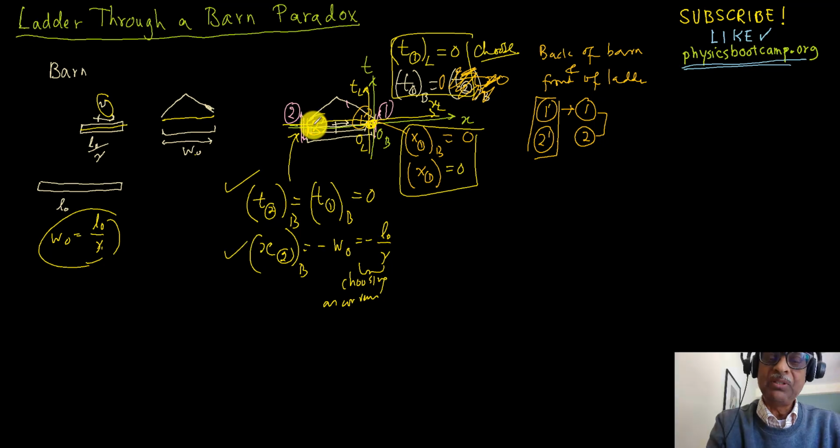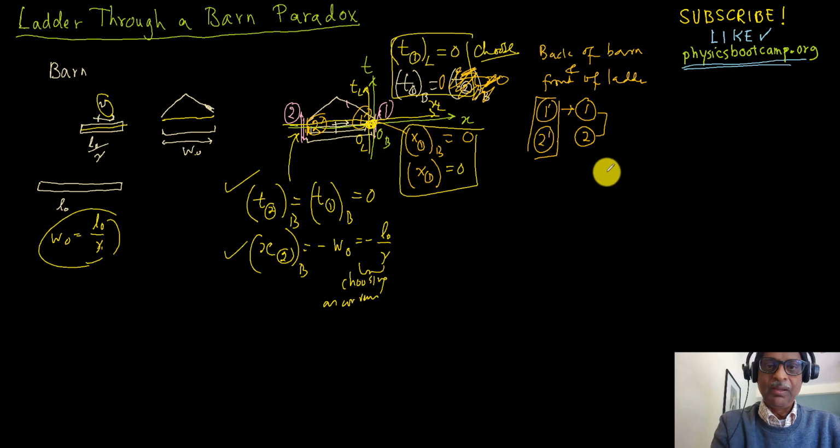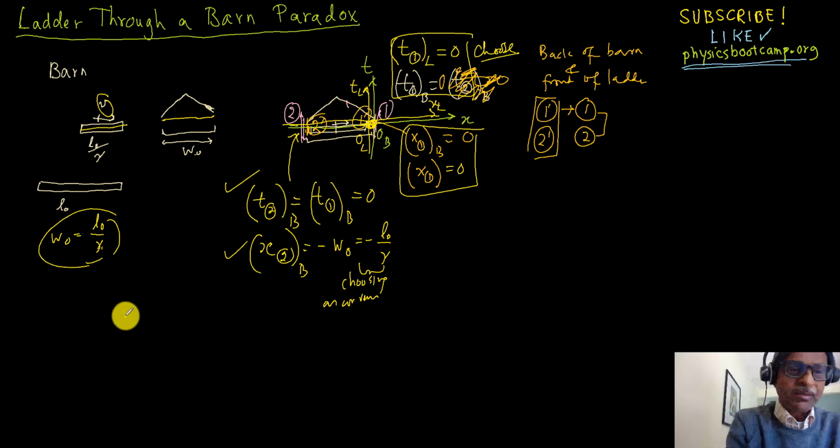Now let's look at how this whole thing looks in the ladder frame. So here's the ladder frame. This is at rest, with length L0, and the barn is moving.